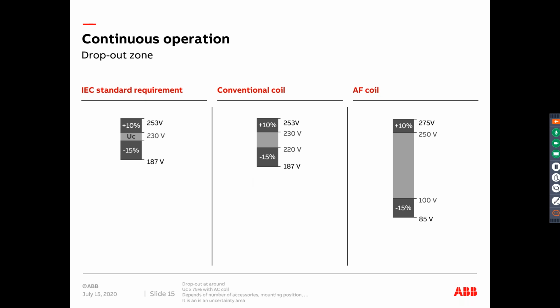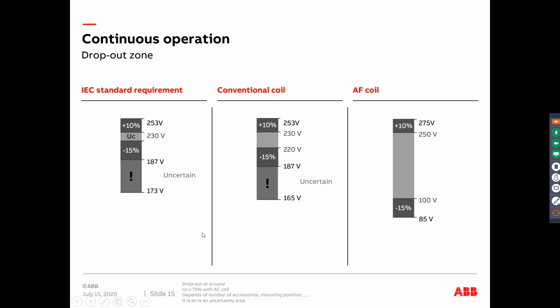We have something called the dropout zone as well. IEC governs this too, and as per IEC, the contactor needs to stay closed at 75% of the minimum rated voltage, whereas it needs to drop out at 25% of the rated voltage.